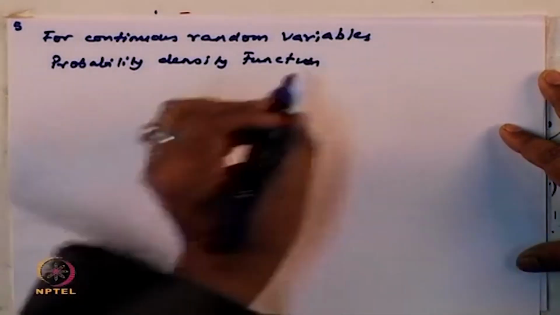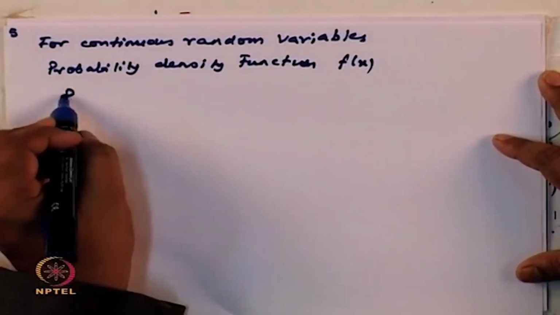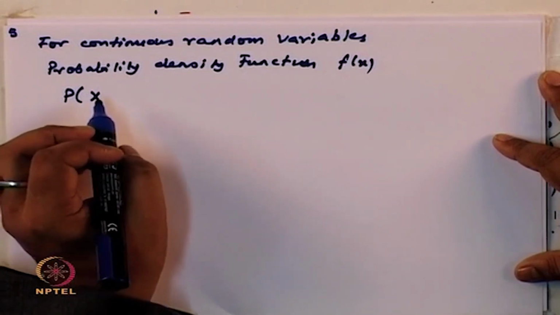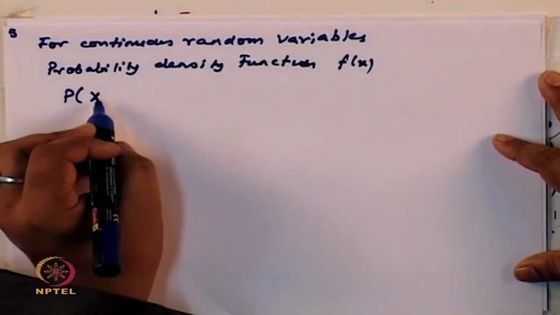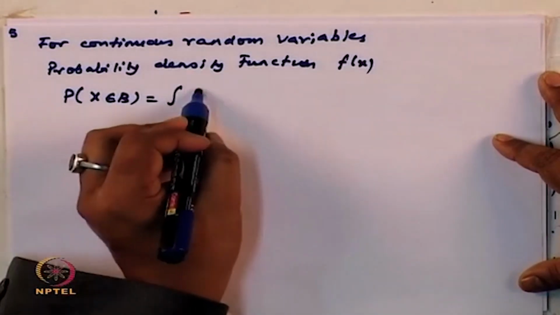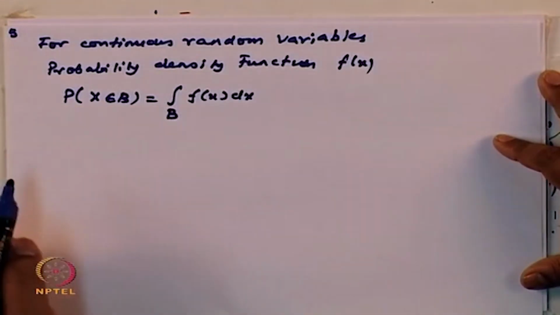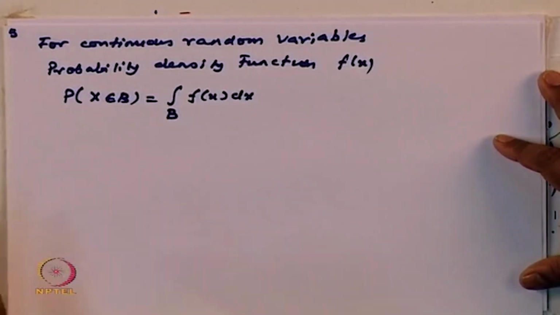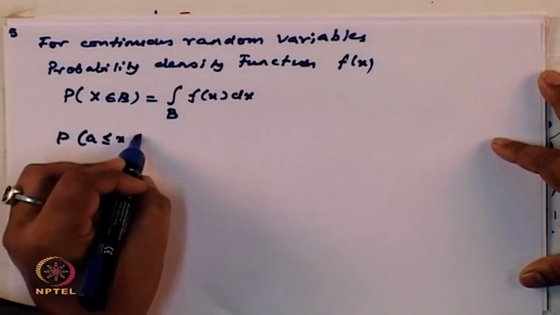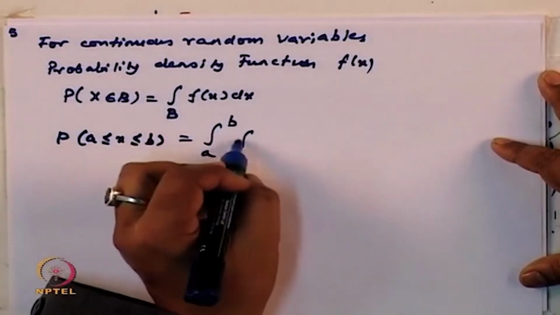So, let us say it is indicated by f of x, and I define the probability of x belonging to some region B as simply the integral of f x dx over this interval B. So, if you have probability of a less than or equal to x less than or equal to b, I will simply integrate from a to b f x dx.